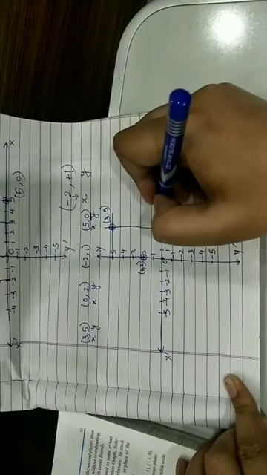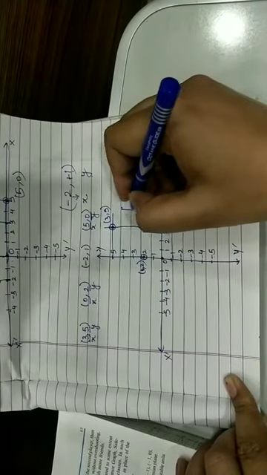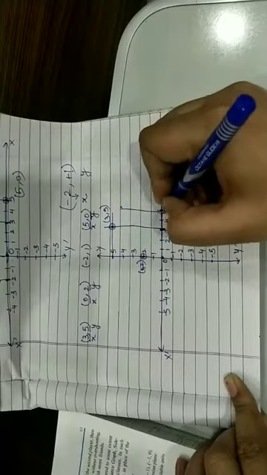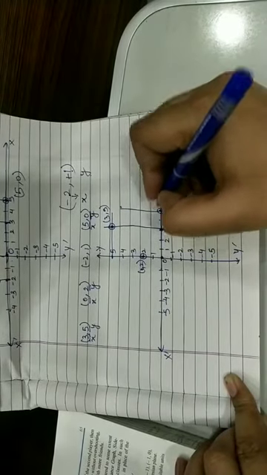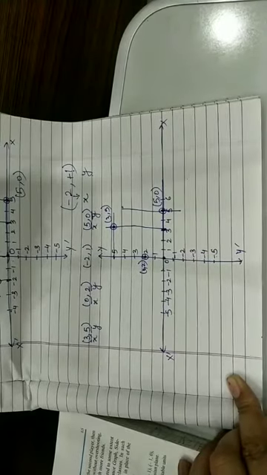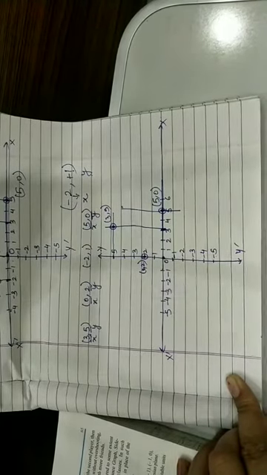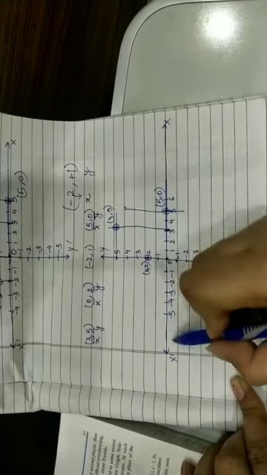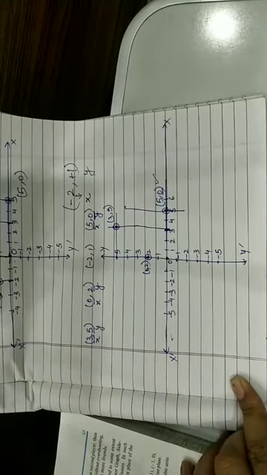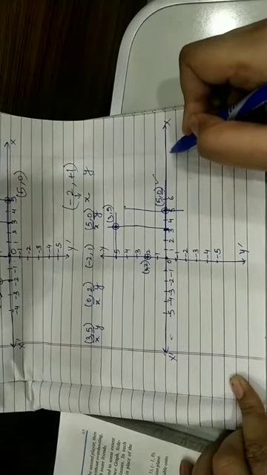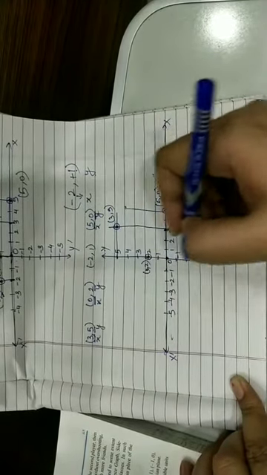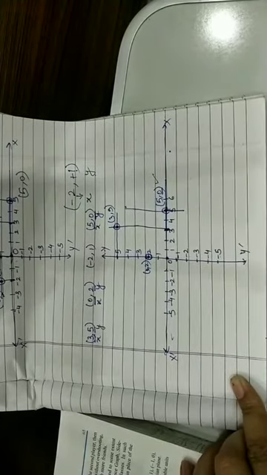If you draw perpendicular lines in the same way, they meet on the x-axis only, and the coordinate 5, 0 lies on the x-axis only. Here we conclude that any coordinate which has y coordinate 0 will always lie on the x-axis, and any coordinate which has x coordinate 0 will lie on the y-axis only.